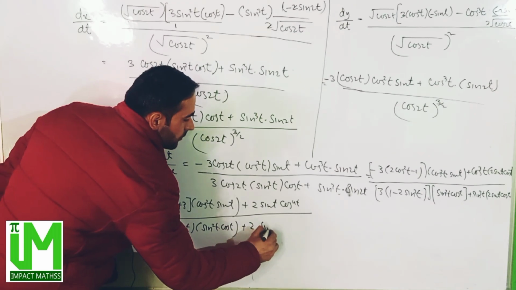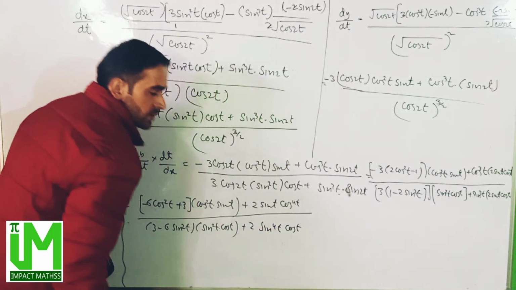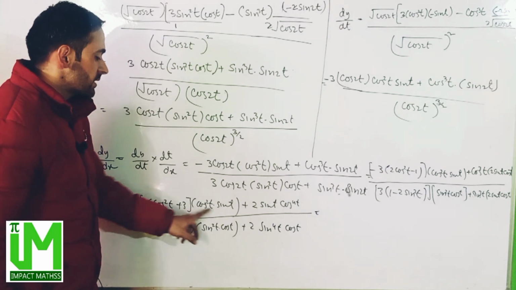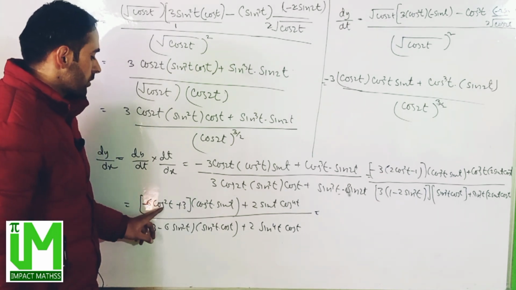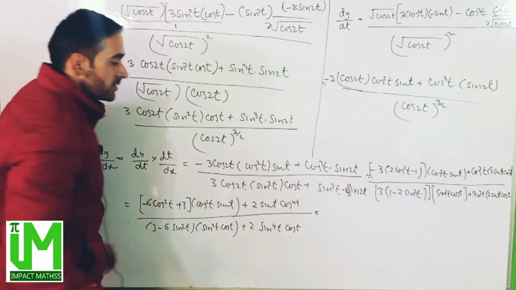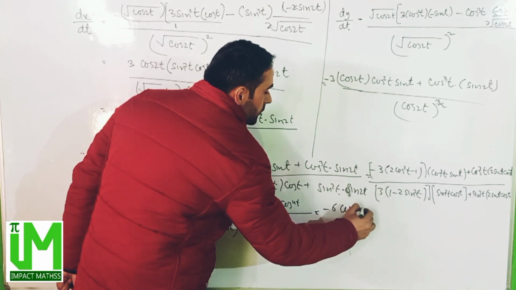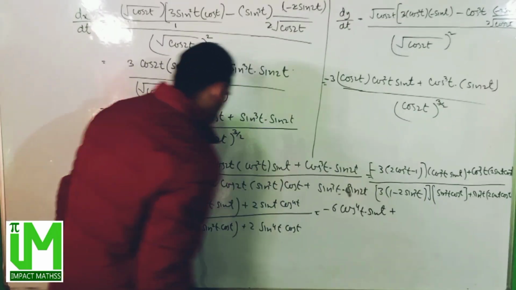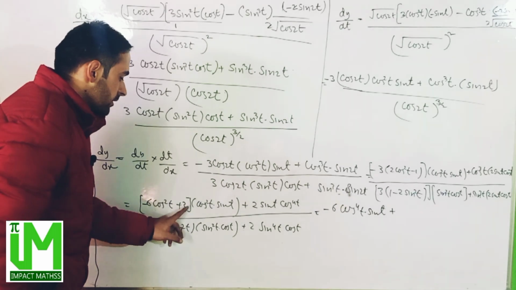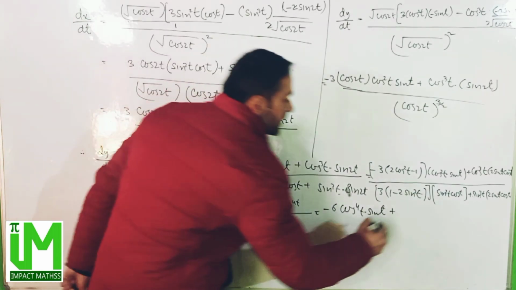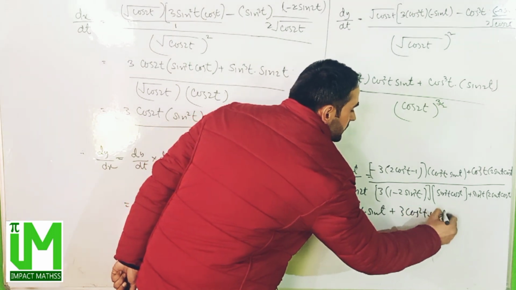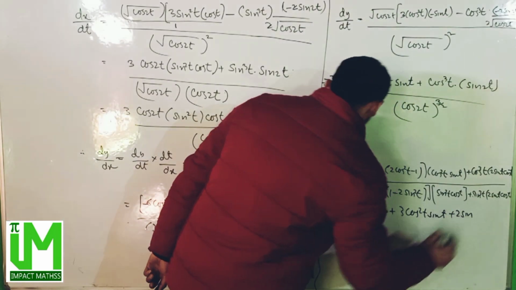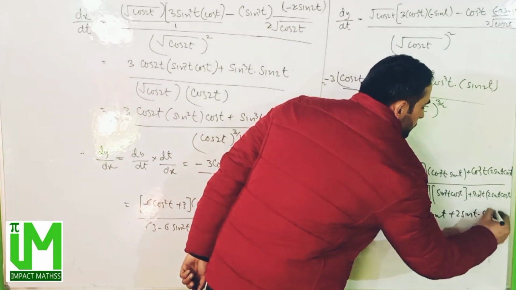Twice sin 4t cos t, which can be written again as minus 6 cos square t, into cos 4t into sin t, plus 3 cos square t sin t, plus twice sin t cos 4t.